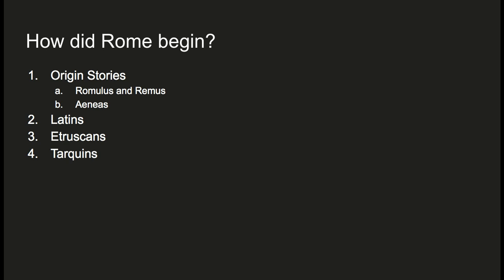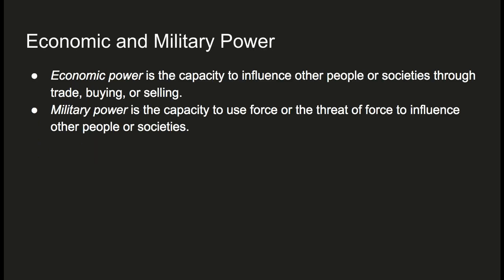In actuality, it was the Latins. The Latins will eventually be taken over by the Etruscans, and then ultimately the Tarquins will take over. One thing to point out about Rome, which is going to become very powerful and become this large empire, is to consider two things: economic and military power. Rome is going to become powerful in both of these respects.